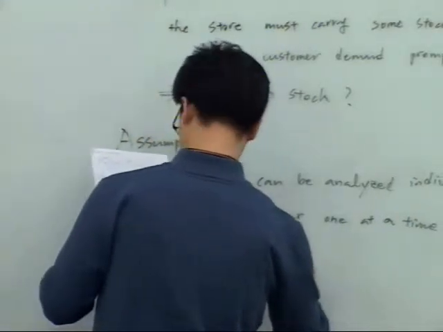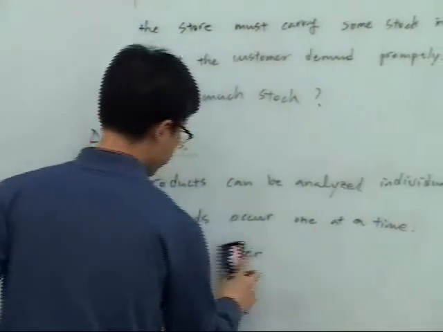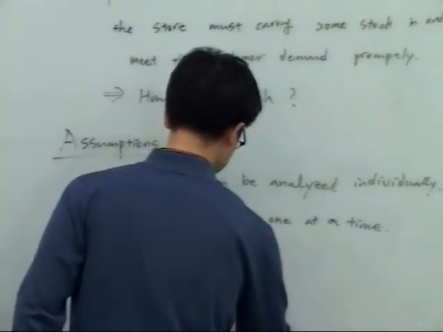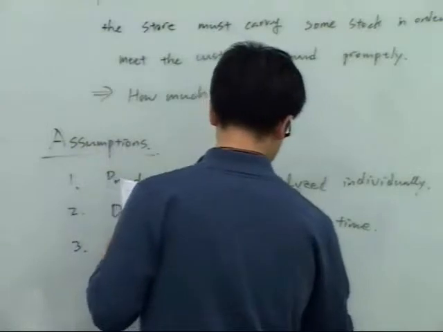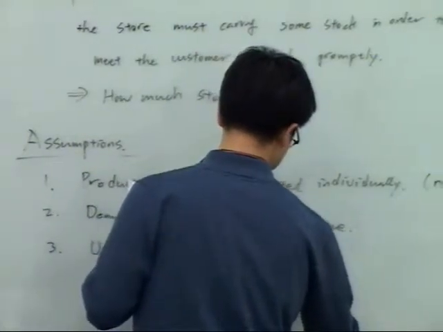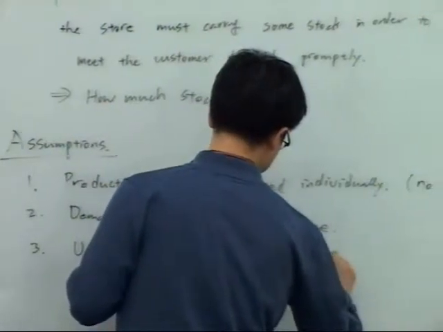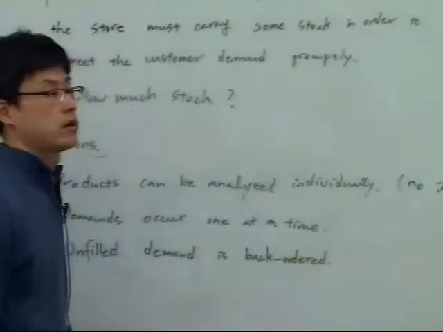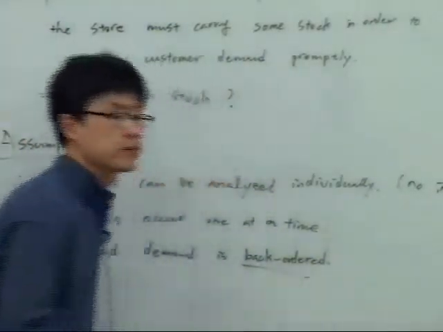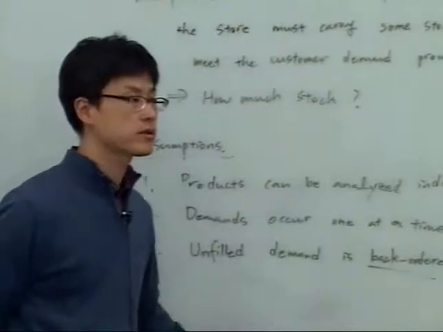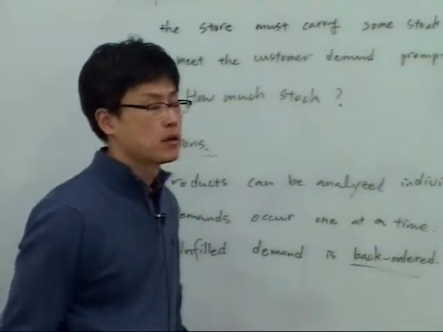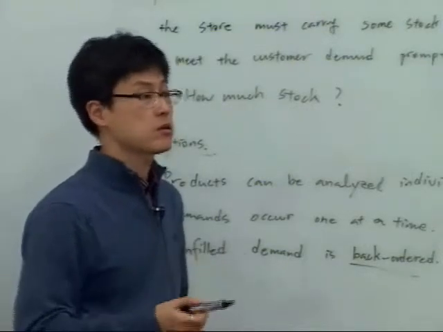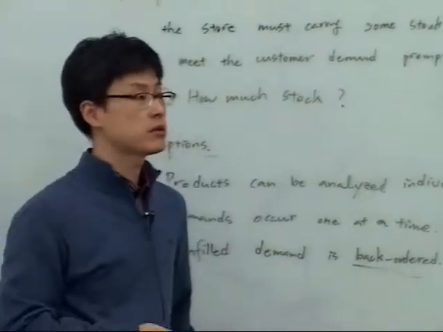Unfilled demand is back ordered. A back order is quite common in the United States. It's like this. Think about you are a customer and there is one TV store.